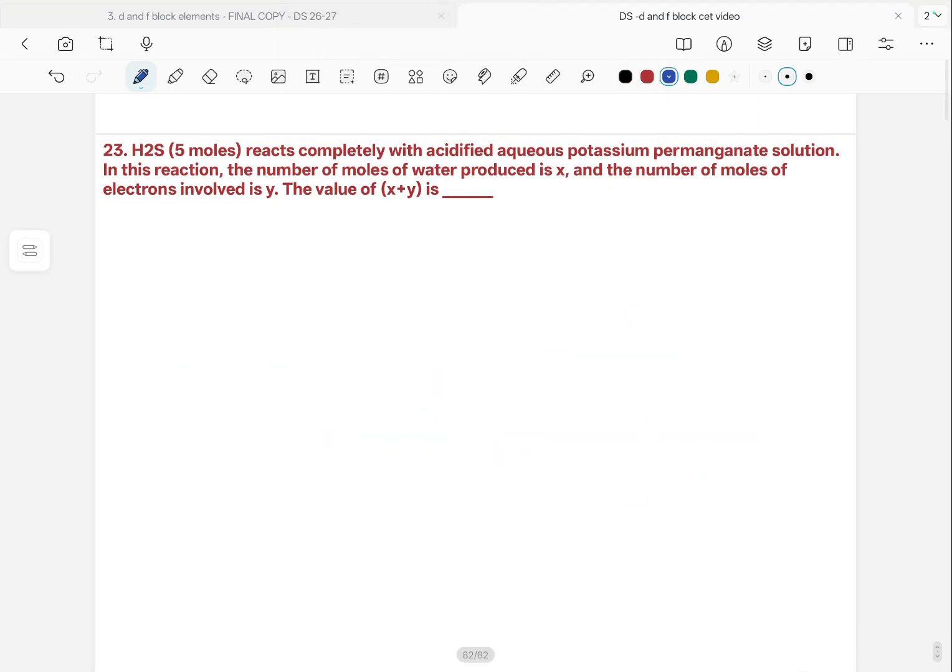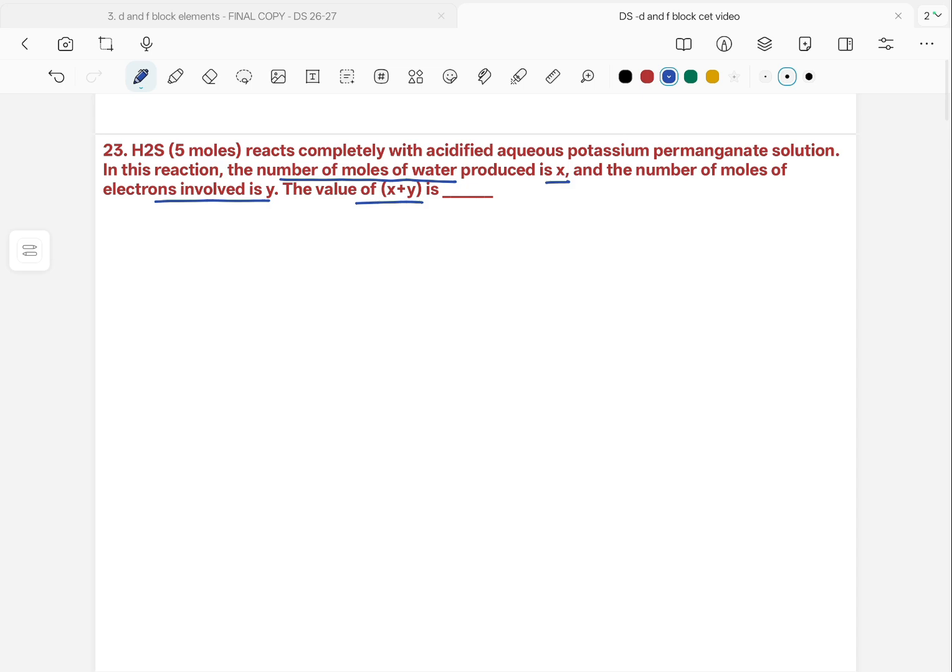The question is, 5 moles of H2S react completely with acidified potassium permanganate solution. The number of moles of water produced is X and number of moles of electrons involved is Y. The value of X plus Y we are supposed to know.